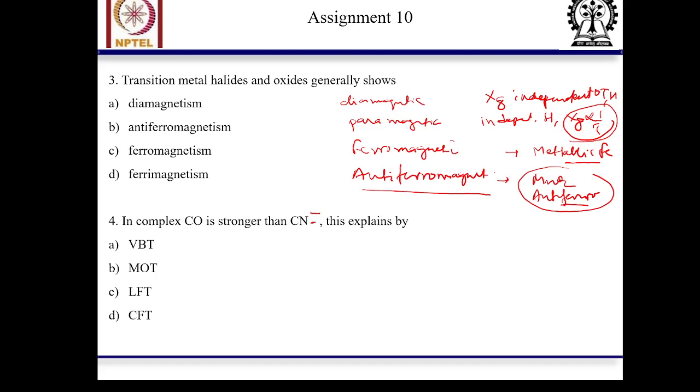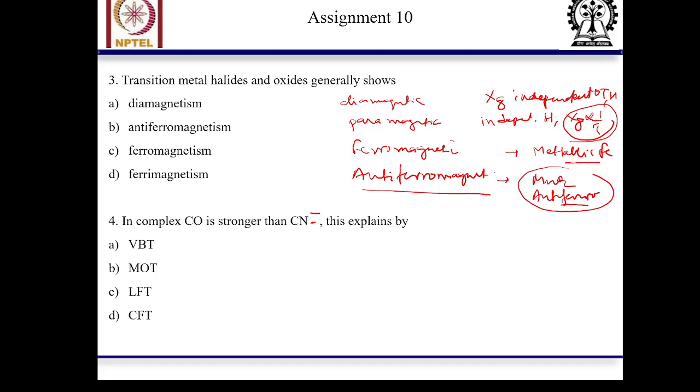Anyone else? That is not the correct option. Crystal field theory has not explained that CO is a stronger ligand compared to CN minus. The correct option is ligand field theory.